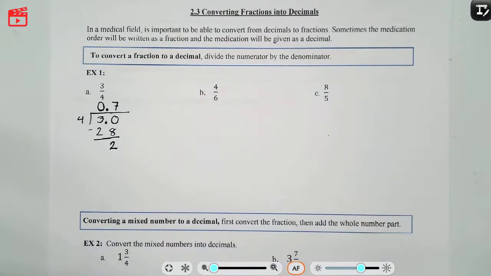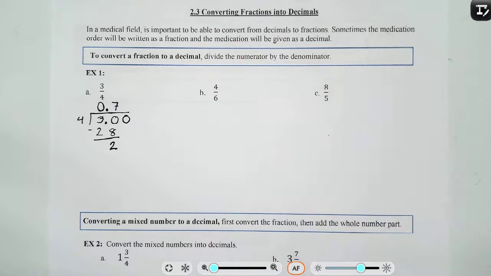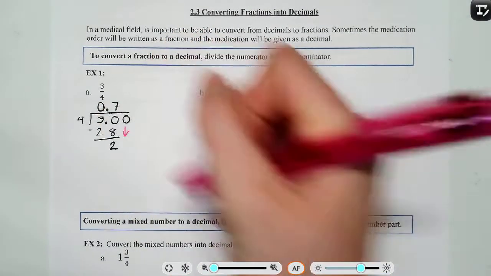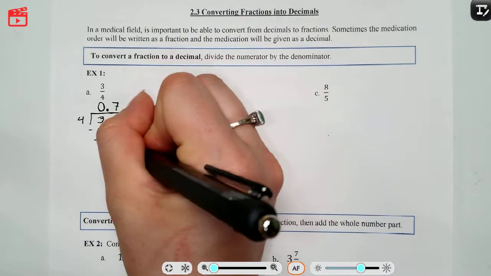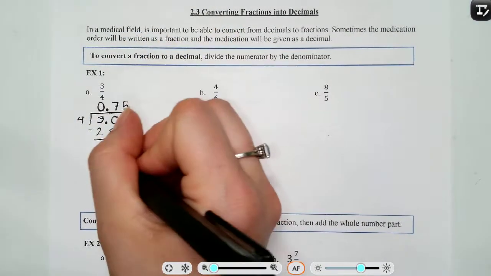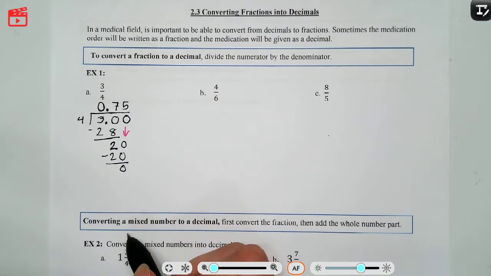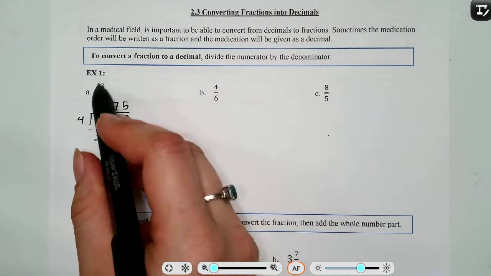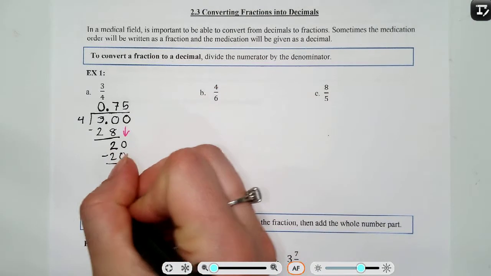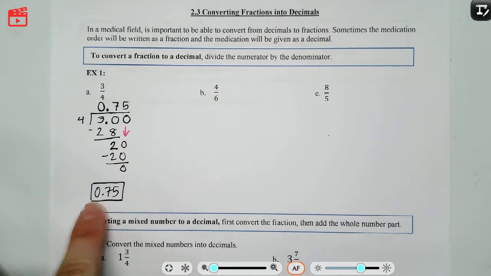And then let's add one more 0. Bring down that 0. Can 4 go into 20? Yeah, 4 can go into 20 5 times. And there we are, we're done. We have a remainder of 0, we have found our decimal. So 3/4 is the same as 0.75. And remember, that 0 is important in front of the decimal.